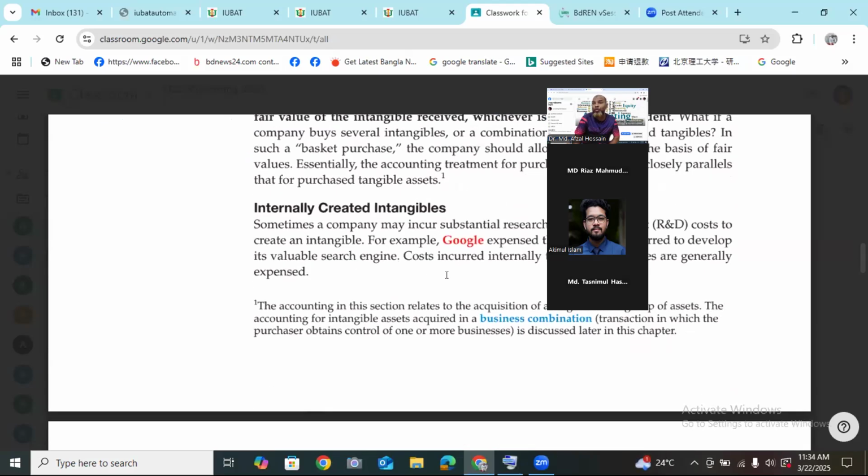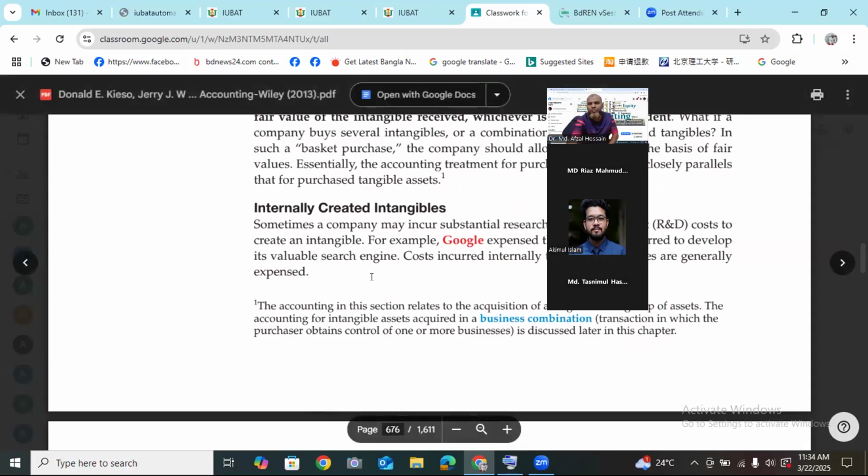So if your company creates new intangibles by research and development, whatever it is, your own created intangibles. Say, for example, Google. Google expenses the research and development cost incurred to develop its valuable search engine.